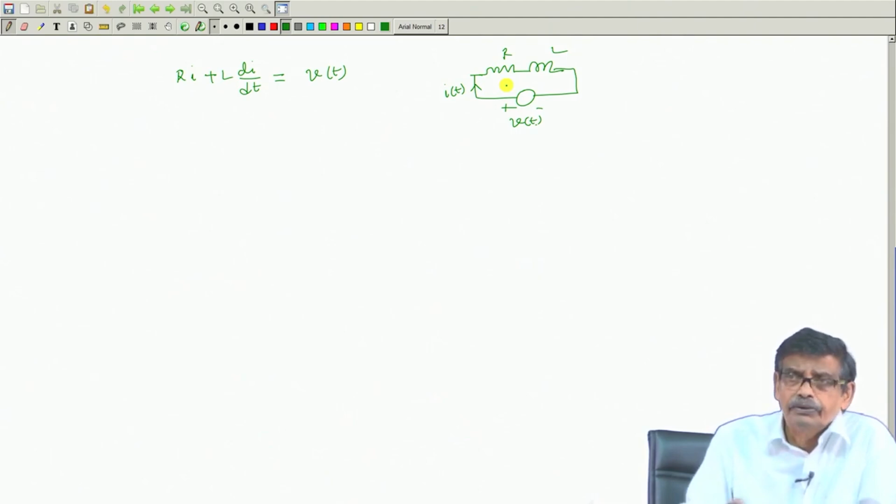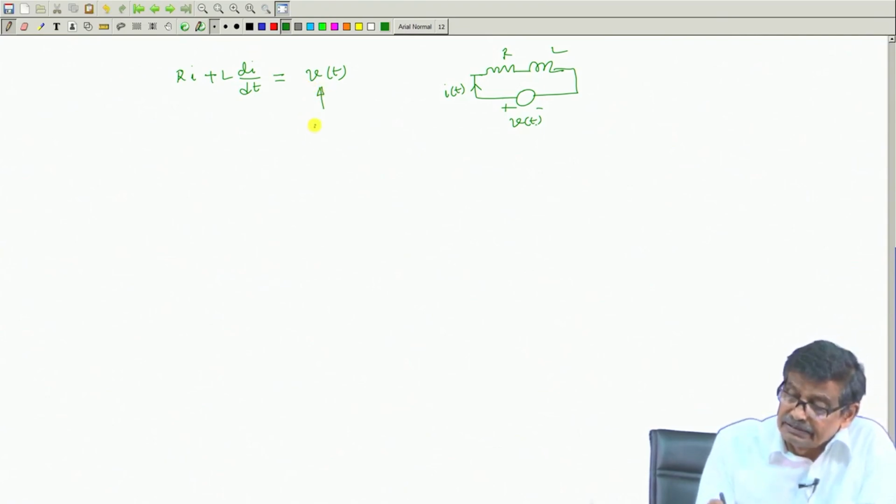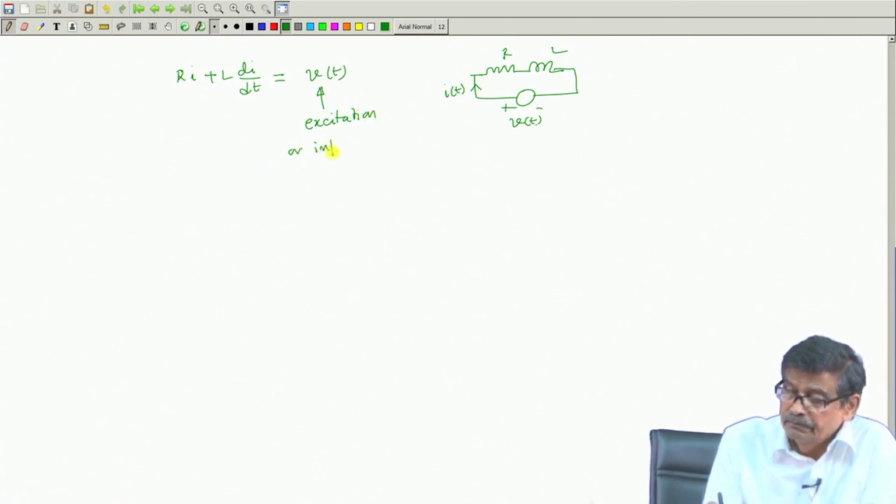This is how we have been telling you, and at that time I put a restriction on this right hand side and told you that this is the excitation or input voltage.